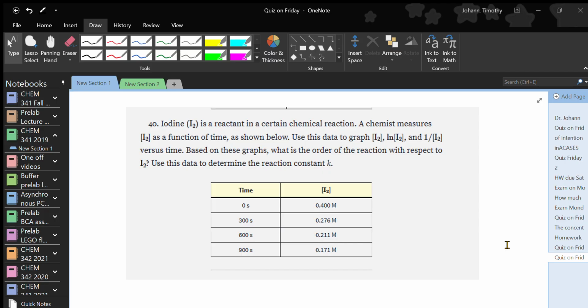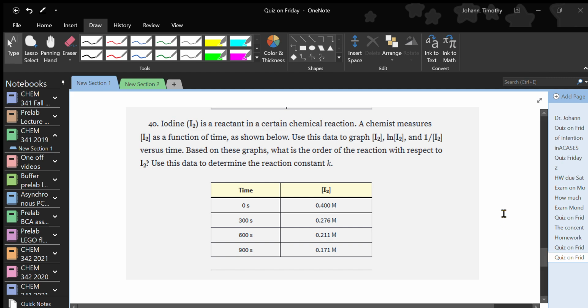Use this data to graph it as zero order, first order, or second order versus time, and based on these graphs, figure out what the order is. All right, so what am I going to be looking for in those graphs? I'm going to graph it three ways, and look for whether I get a straight line. The one that gives me a straight line tells me which order it is. And this is something that you might need to do for lab.